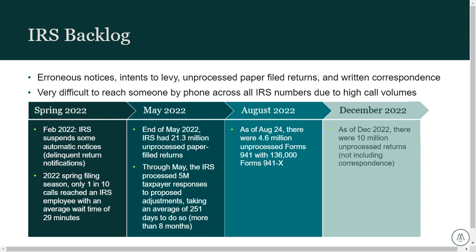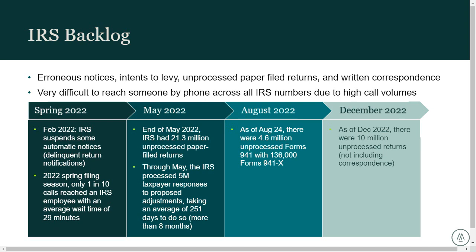But between May of 2022 and December of 2022, they did reduce the number of unprocessed returns from 21.3 million down to 10 million. And from February of 2022, call lines for taxpayers often were unable to get through, and wait times were pretty high, an average wait of 29 minutes.